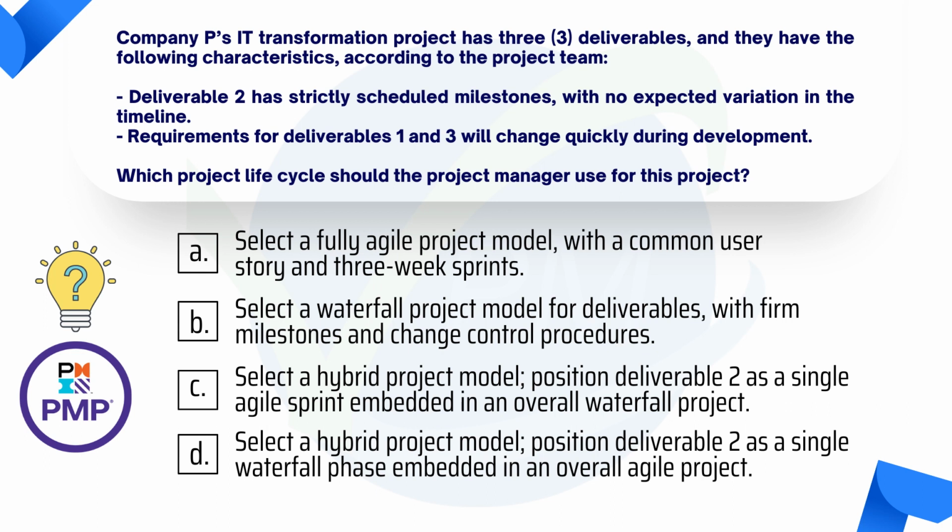Or C, select a hybrid project model. Position deliverable 2 as a single agile sprint embedded in an overall waterfall project. Or D, select a hybrid project model. Position deliverable 2 as a single waterfall phase embedded in the overall agile project.